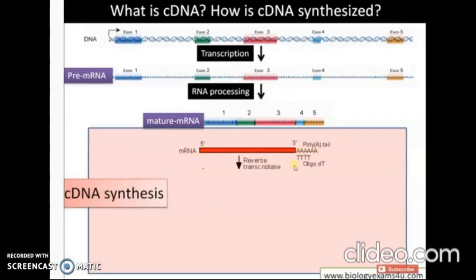Now we have the mRNA. It has a speciality, having a poly A tail at the 3' region and 5' capping also. So we can easily design a primer, as there is a poly A tail, using an oligo dT primer.